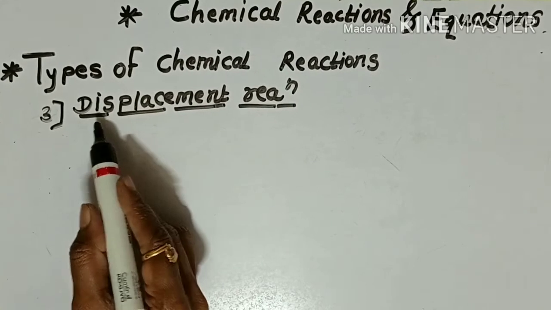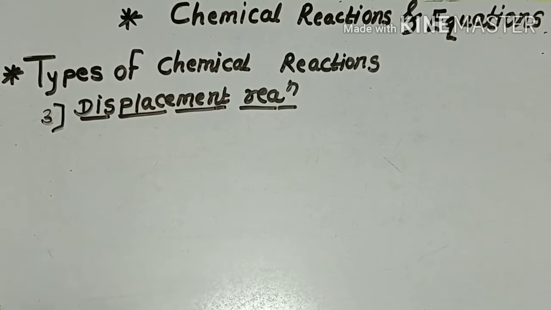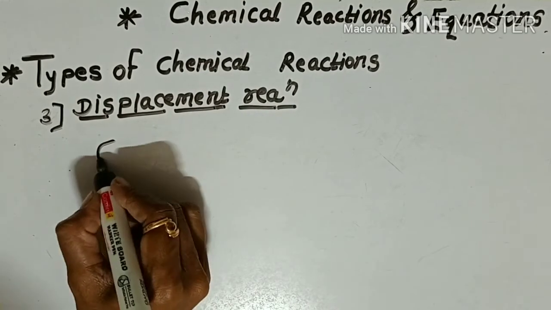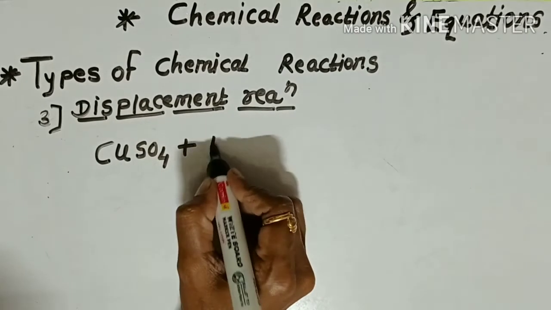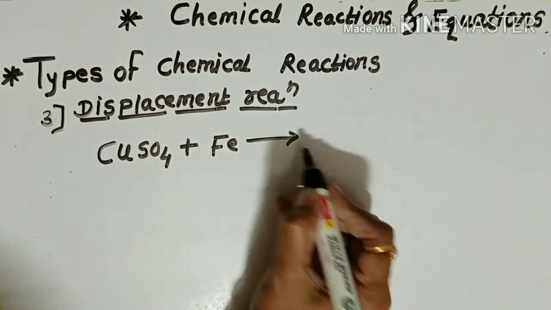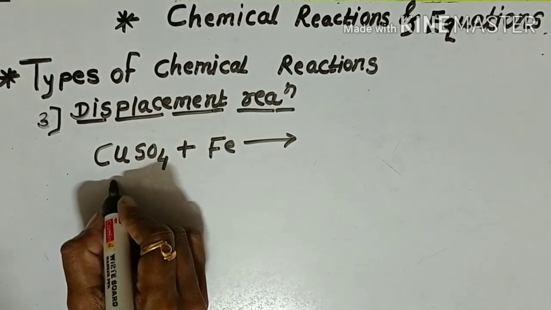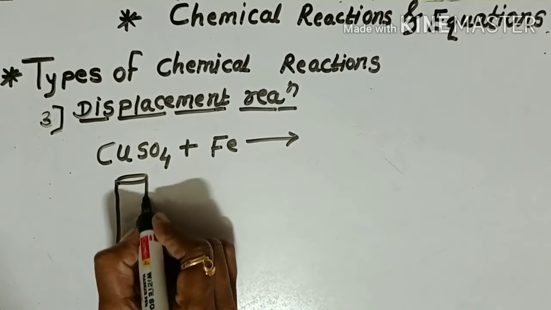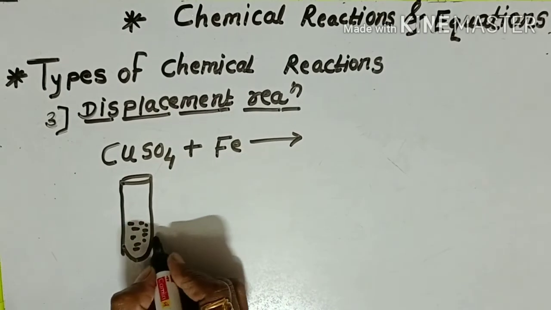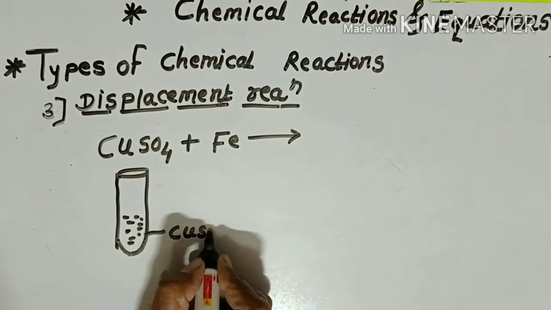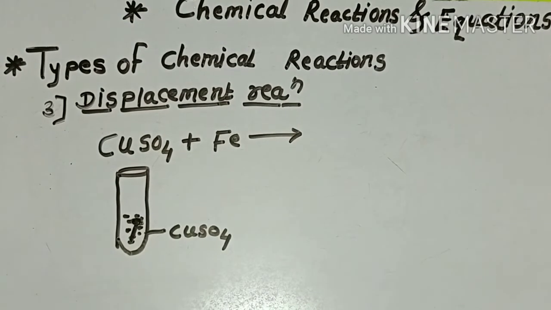The third type of reaction is the displacement reaction. One example: copper sulfate, CuSO4, plus iron. Suppose here is a test tube with blue copper sulfate solution, and we put an iron nail into the solution.